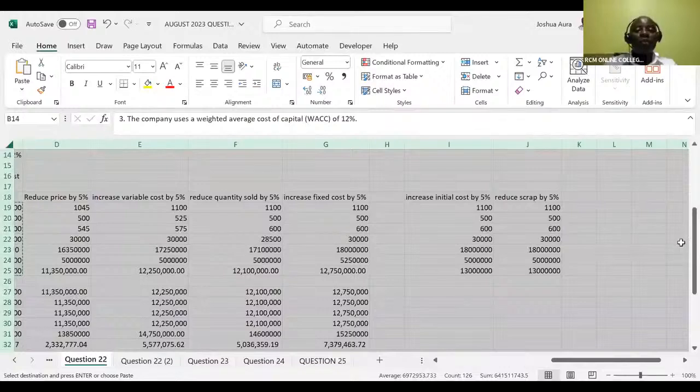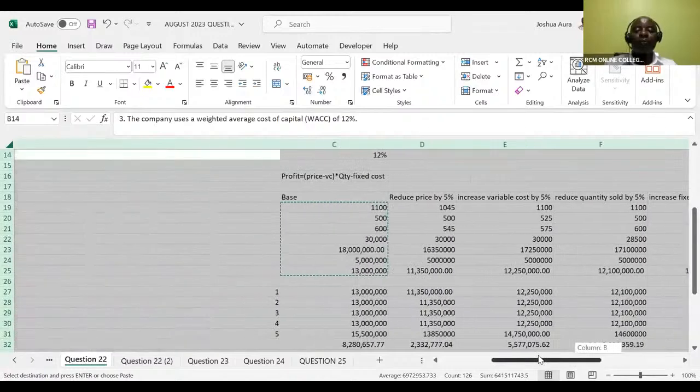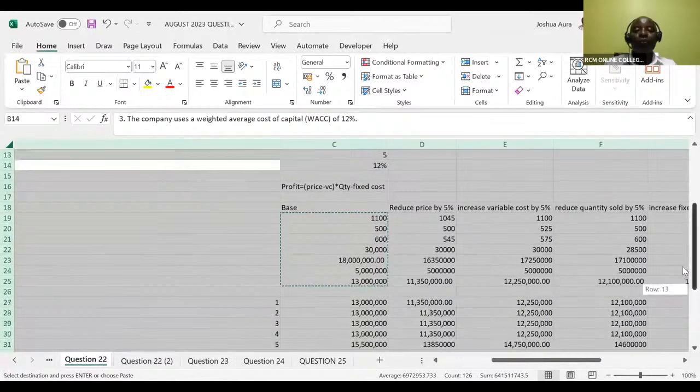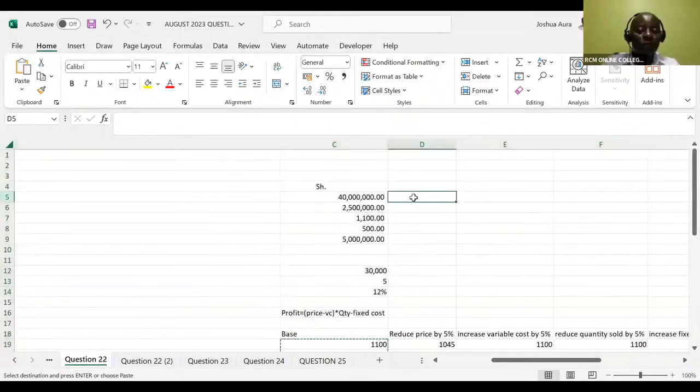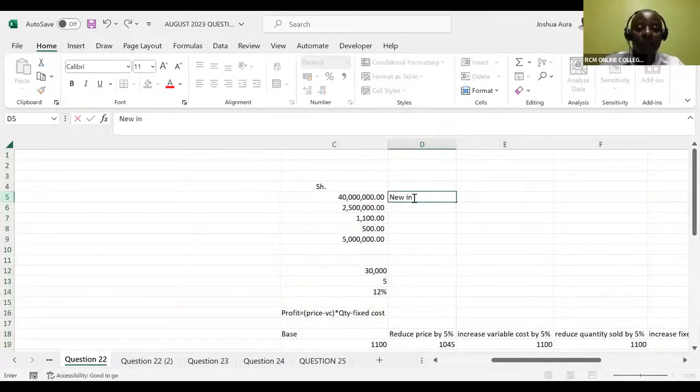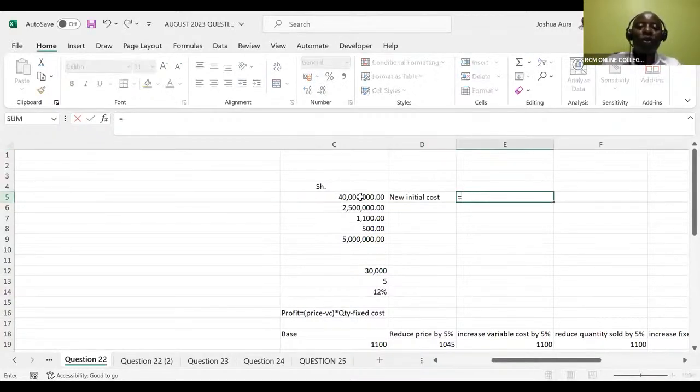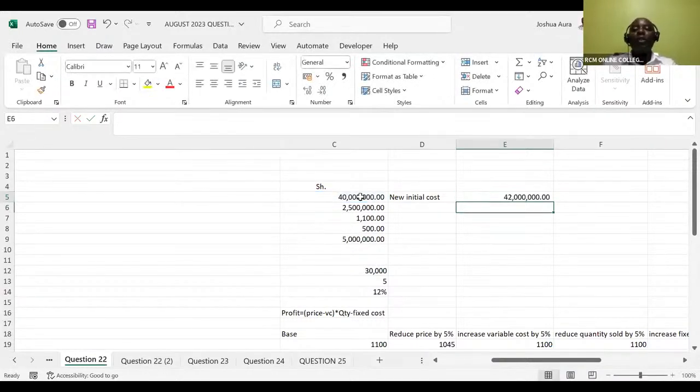What I'll do, I'll not affect this number. I'll simply come and say new initial cost, to avoid the issues because that number is linked up somewhere. So a new initial cost will be equal to the old cost times 1.05, like that, which is very good.